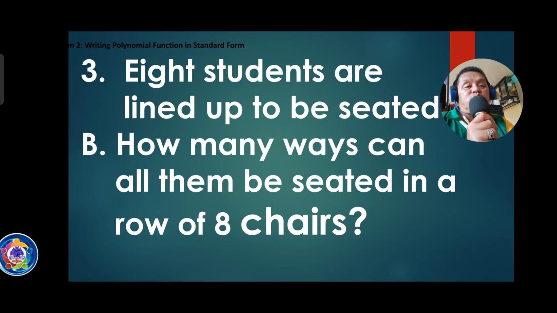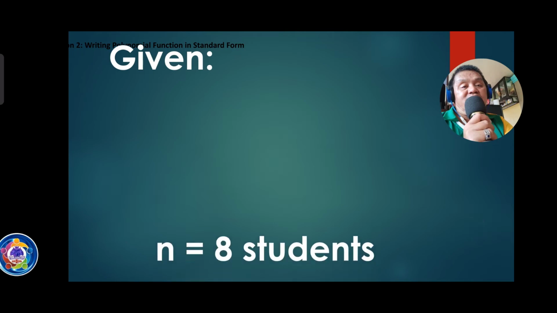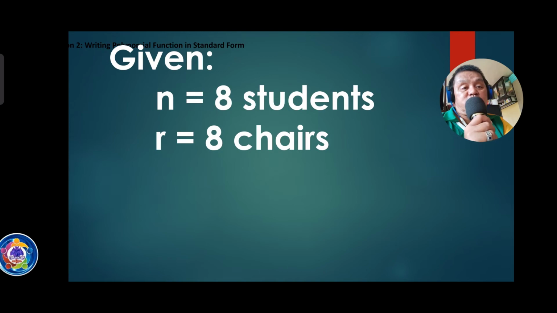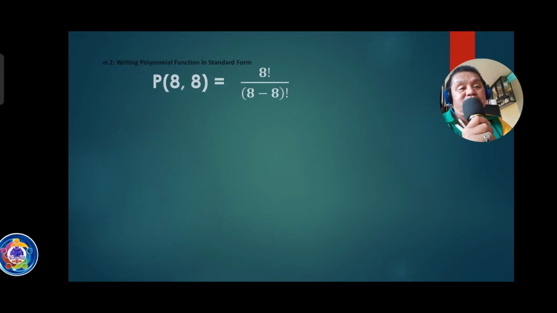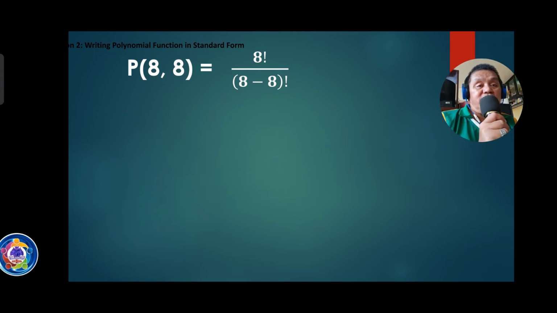Again, 8 students are lined up to be seated. How many ways can all of them be seated in a row of 8 chairs? This time the given is 8 students and R equals 8 chairs. So we find the permutation of N objects taken R at a time, with N equals 8 and R equals 8.